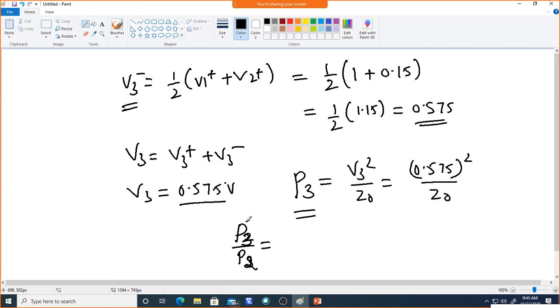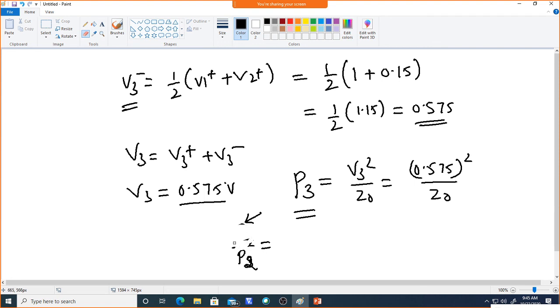Since port 3 is matched and port 2 is either matched or with the gamma of 0.3, if we take the ratio of P3 by P2, when port 2 is mismatched, we can take this another way.